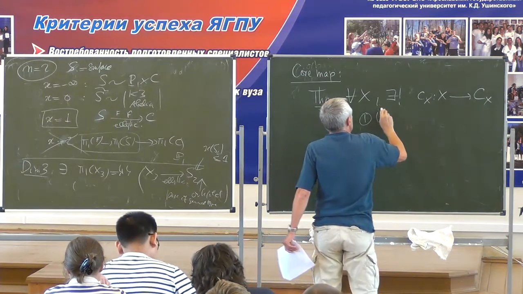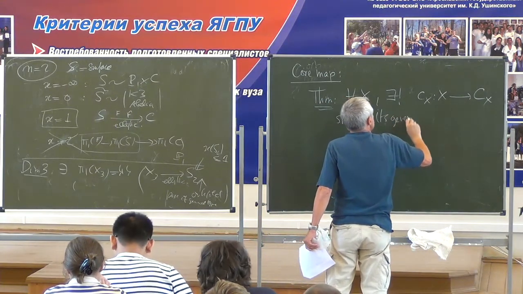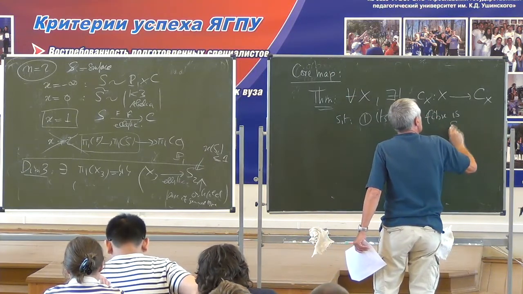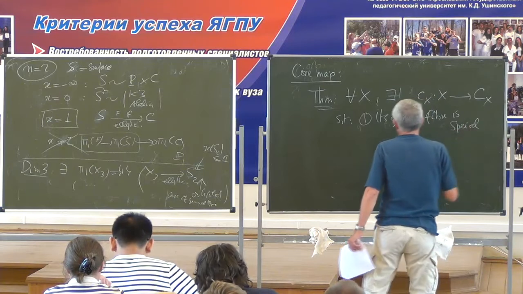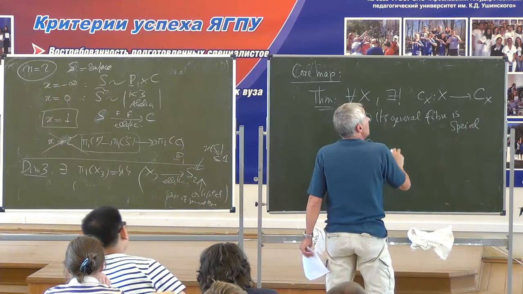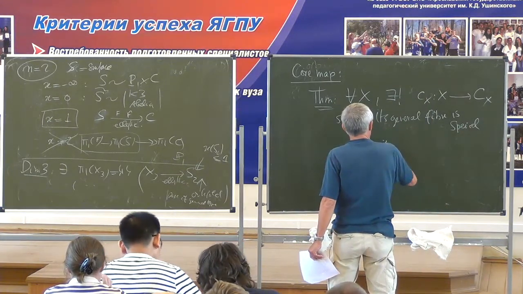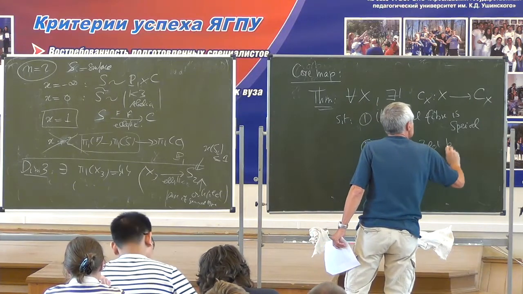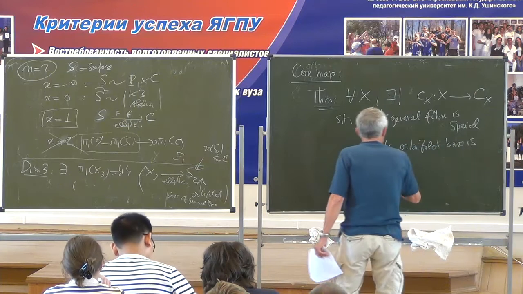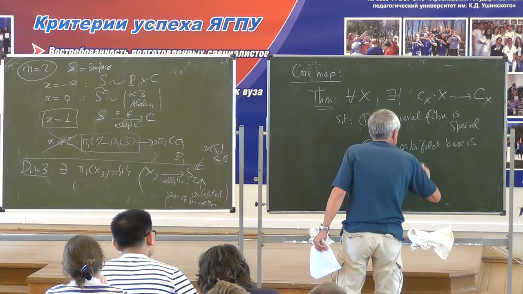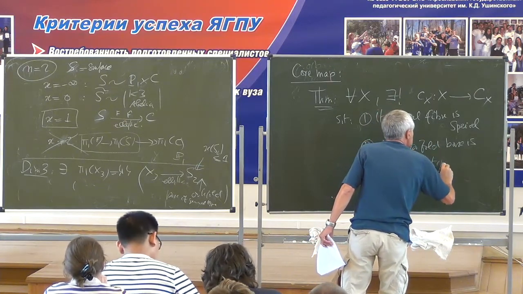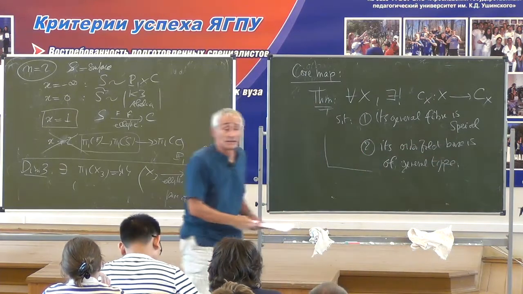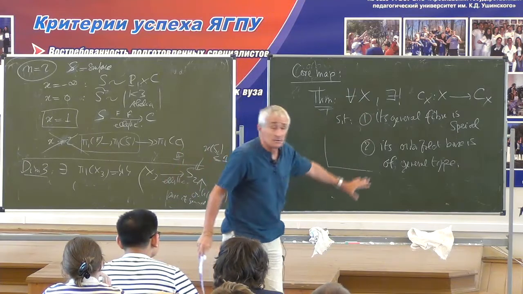One, its general fiber is special, and two, its orbifold base is of general type. And so this means that you can split completely canonically.